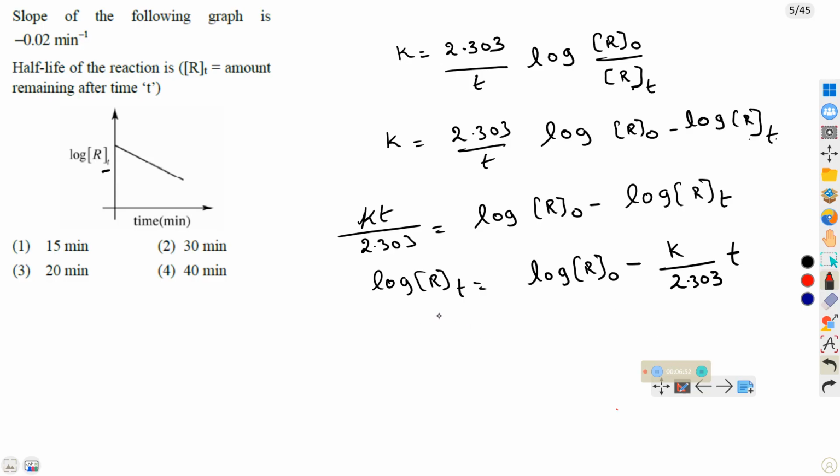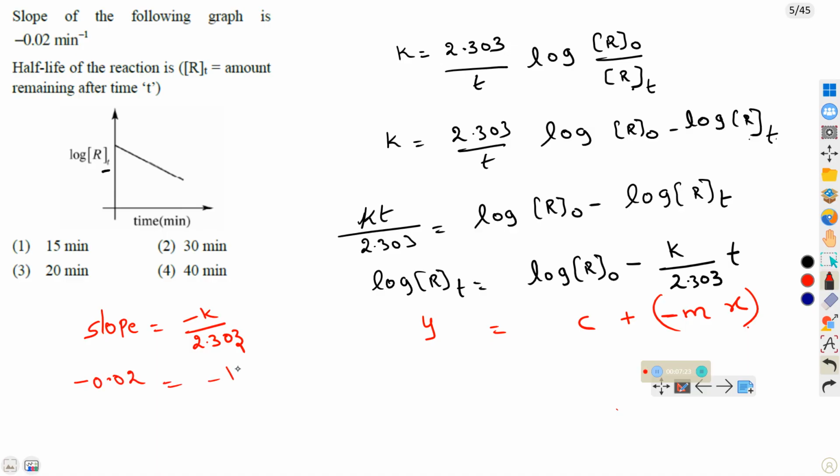Now this is in the form of y = mx + c. Slope is equal to minus k/2.303. The value is given as minus 0.02 = minus k/2.303.